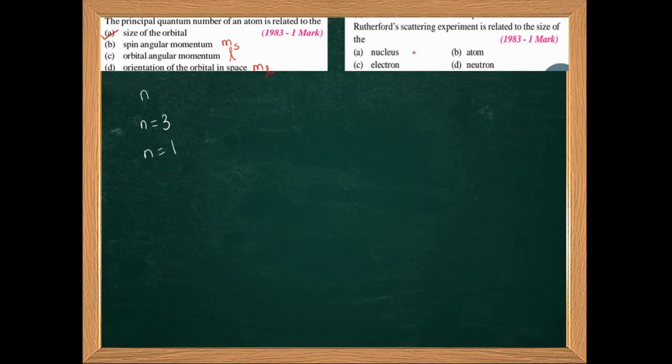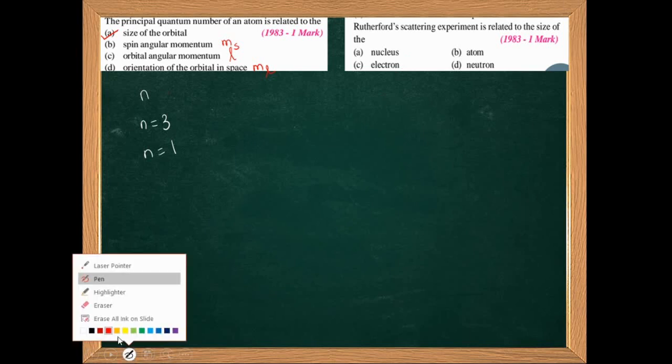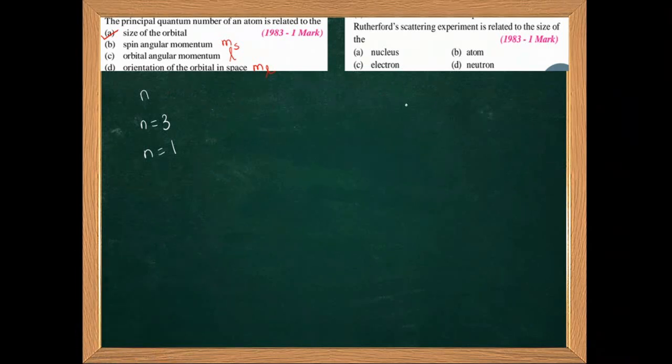In the next question, Rutherford's scattering experiment is related to the size of, so the scattering experiment means the experiment where he told about the structure of the atom. Why is it called a scattering experiment?